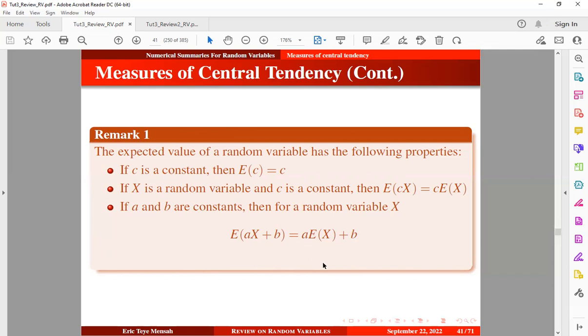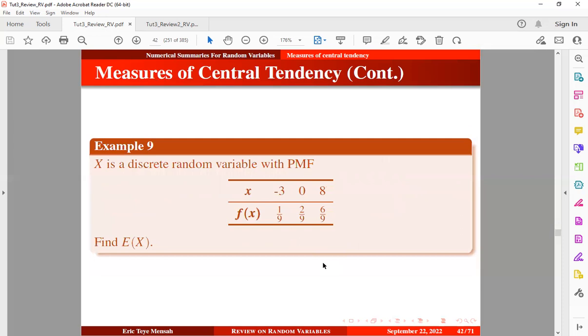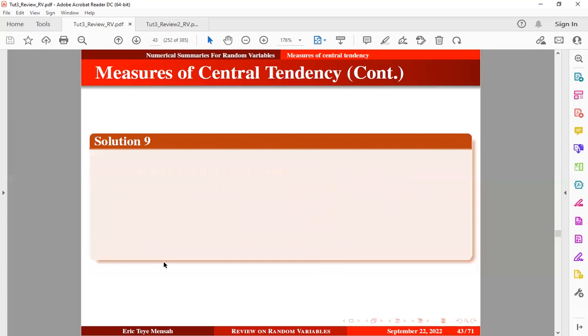All right. So now let's take a look at an example. X is a discrete random variable with probability mass function, and we want to find the expectation of X. So let's take a look at the solution. We know that for the expectation of X, we are going to sum the product of the random variable together with its probability mass function.